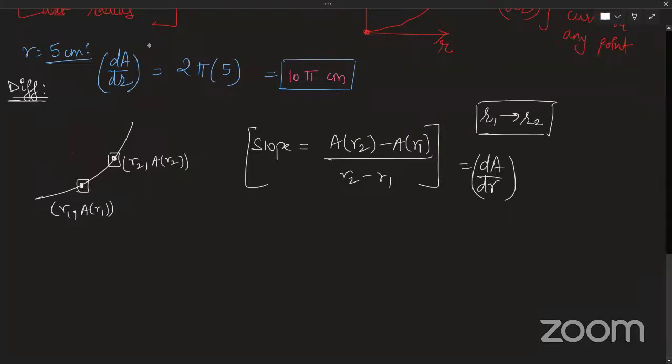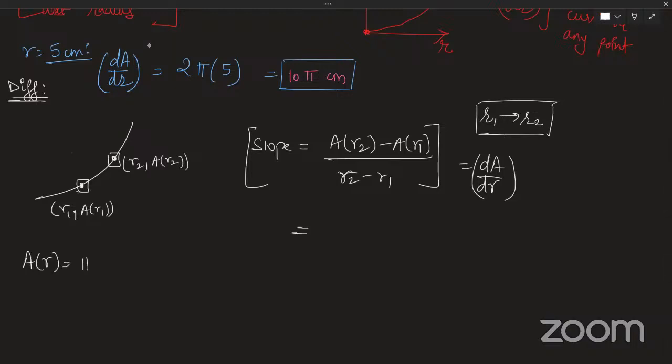For the time being, you can forget this. You have got dA by dr as A of r2 minus A of r1 divided by r2 minus r1. Can you tell me what will be the dimensions of the numerator and the denominator? What is the dimension of A of r?